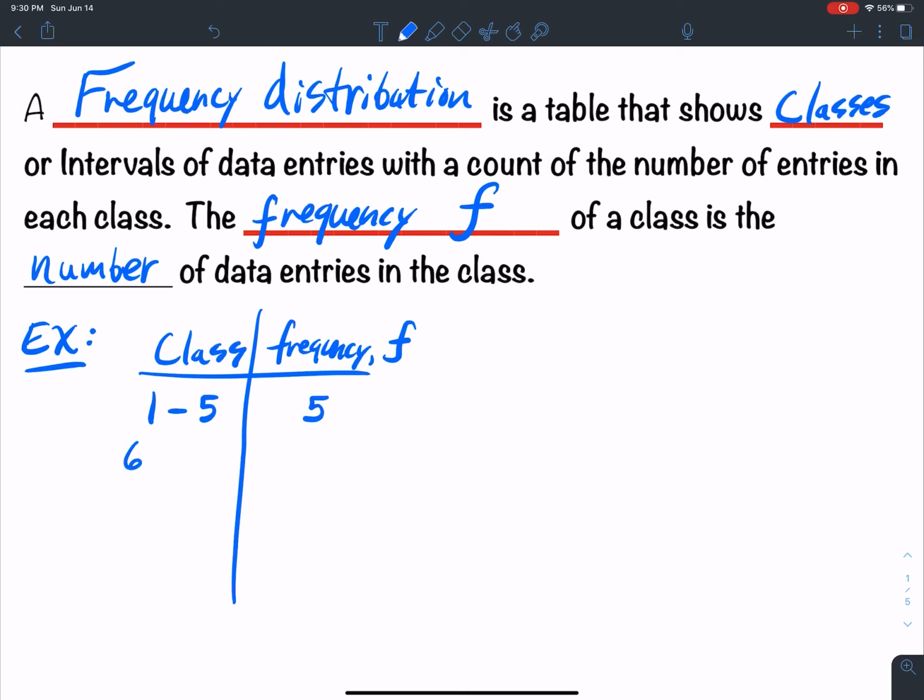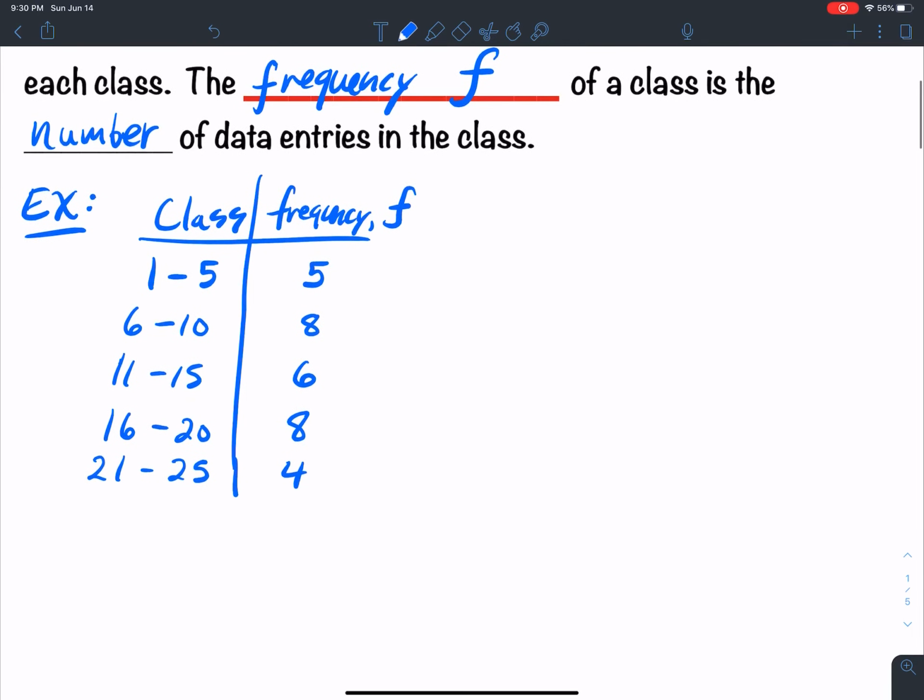And then we pick up from 6 to 10, and we'll say there's 8 data points in there for that range. And then 11 to 15, and we have 6 of those. And then 16 to 20, and we have 8 of those. And then 21 to 25, there are 4 in that last class.